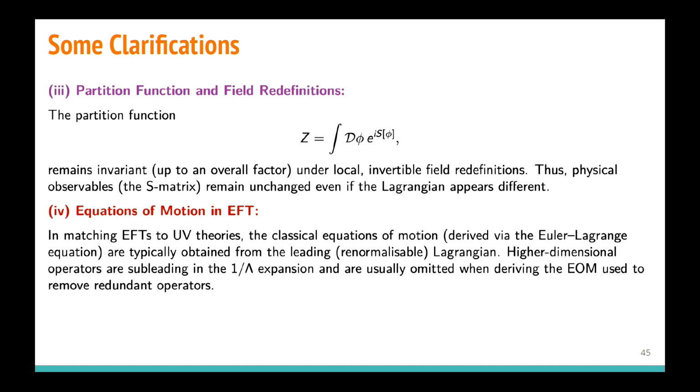So we fix the equations of motion with the renormalizable theory that we deal with, and then we use those results in the dimension 5, dimension 6 and so on cases.